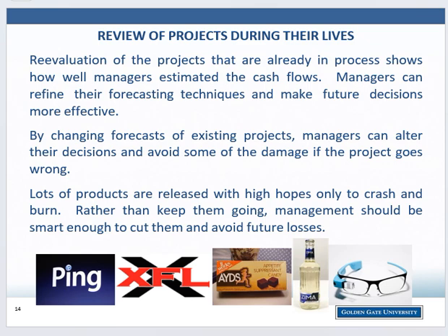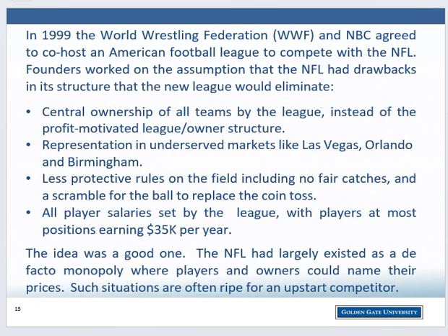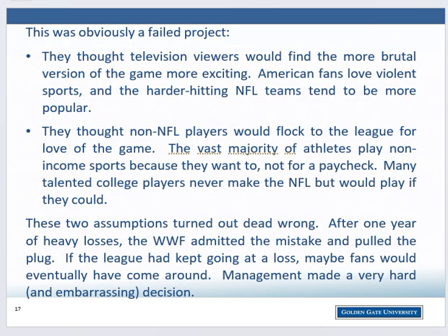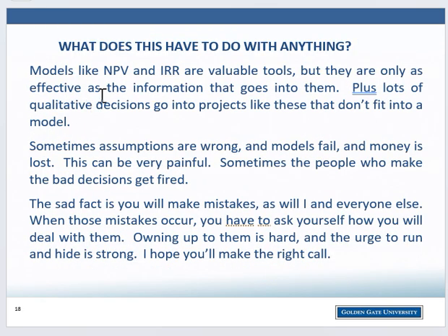Here in the deck, I'm giving you an example where there was a kind of bad business decision that was made between the WWF and NBC. Please read through it. It tells you what went wrong. But the net idea here is the models are valuable tools, but they are effective only as long as the information that goes into them is good.